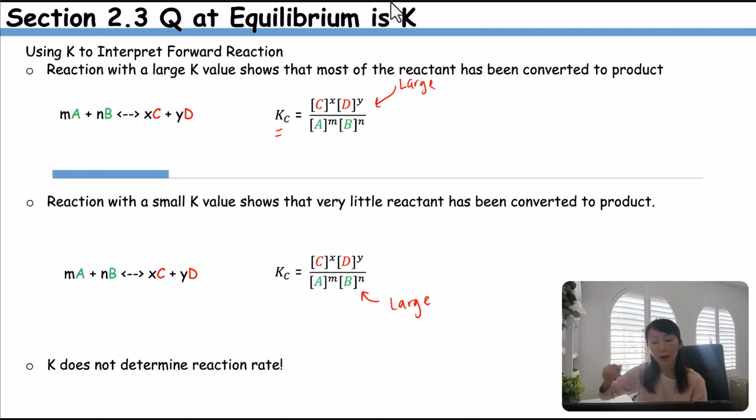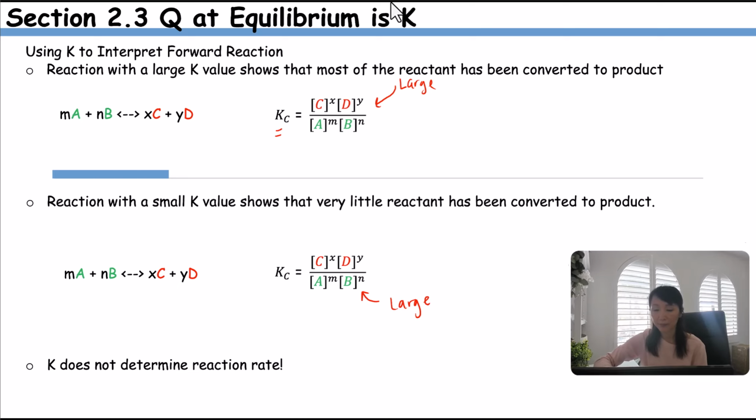But also you need to know that the equilibrium constant K does not mean that the reaction is going fast. Just because the K value is 160 does not mean it went fast. It just means that there's a tendency to form more product than reactant, but it doesn't determine the reaction rate. Just keep that in mind.